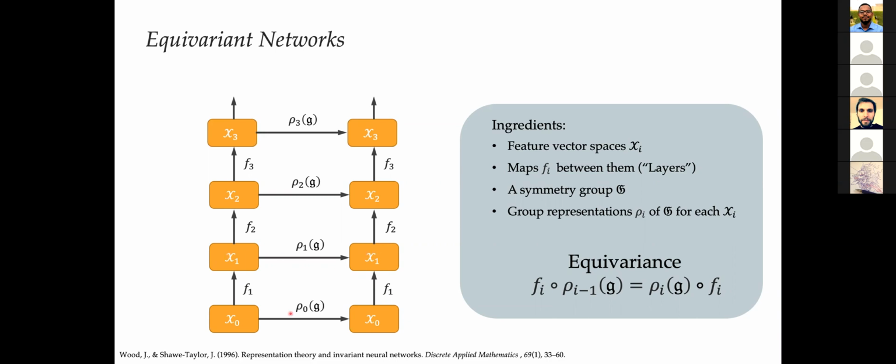These two things should give the same result. If F1 and F2 and all of the layers of the network satisfy this property, then we say the network is equivariant, and you can show that if each layer satisfies equivariance, then also their composition is equivariant.